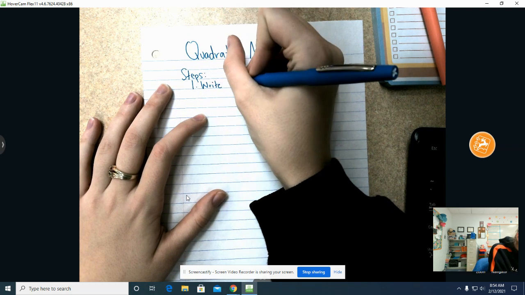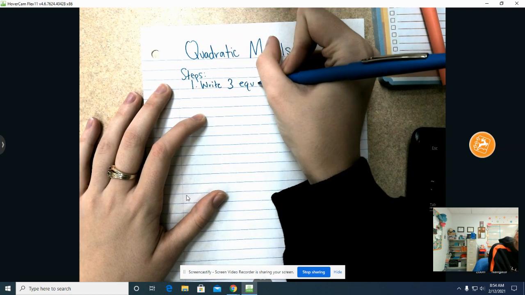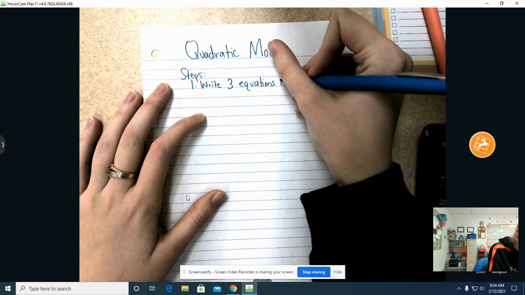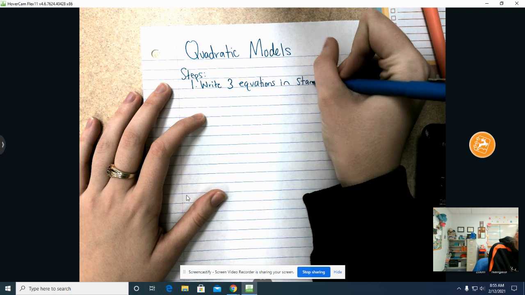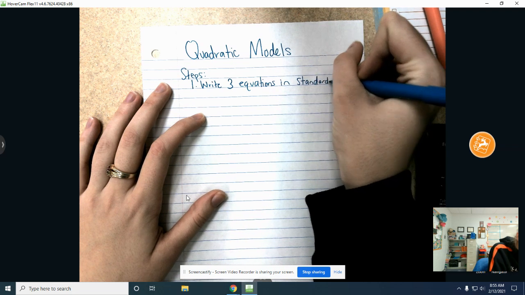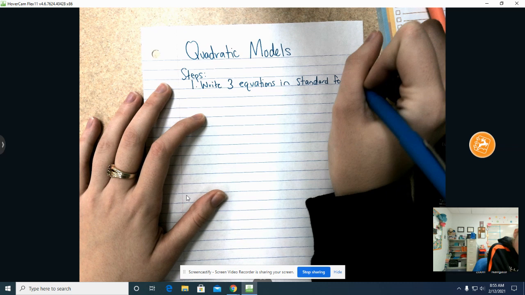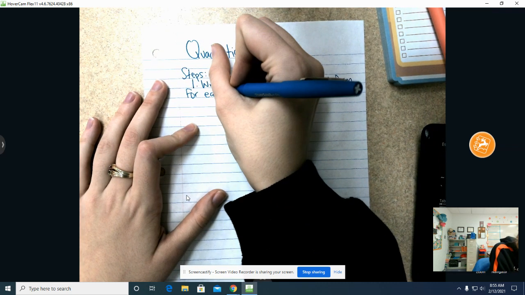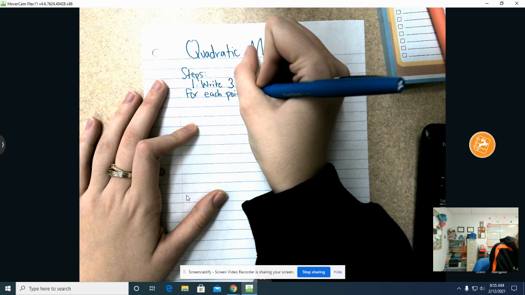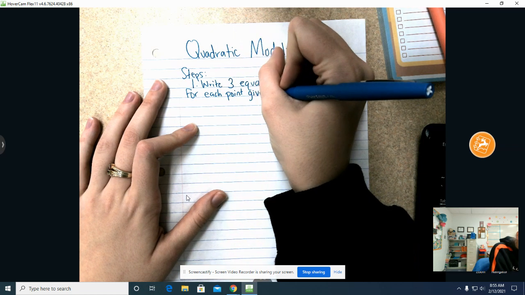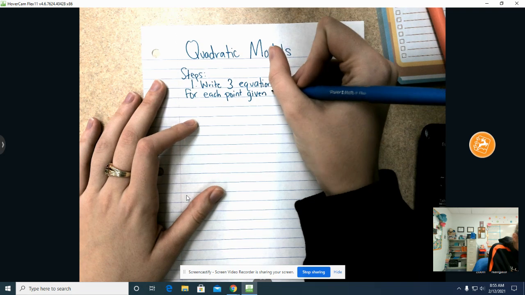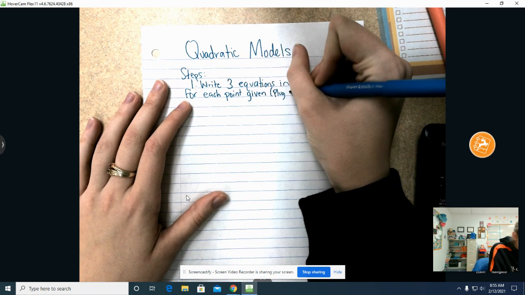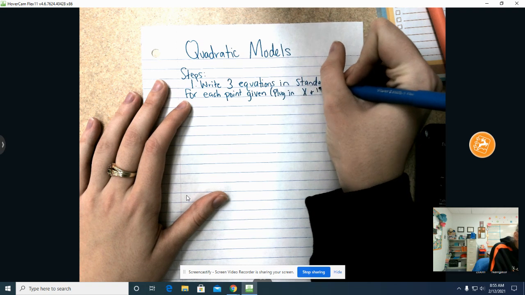Step 1: we want to write 3 equations in standard form, one for each point given, plugging in x and y.